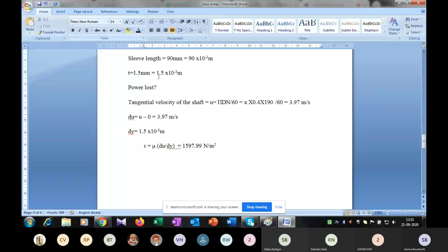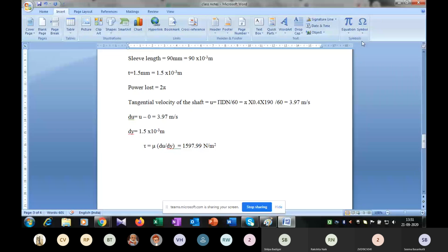Because they have asked you to calculate the power lost. And this is the general equation to calculate the power lost. That is, 2 pi N T whole divided by 60, where T is the torque.